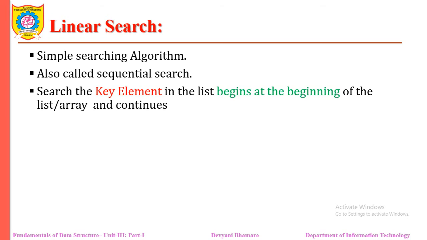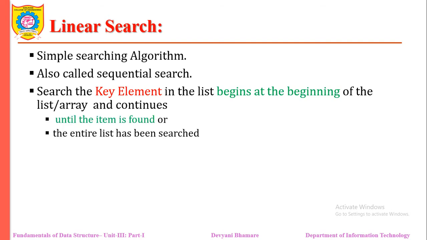In this technique, we start searching for the target element at the beginning of the list and continue until we find the target or we are sure that the item is not present in the list. Here we go element by element, meaning every item is checked. That's why linear search takes more time and is slow.